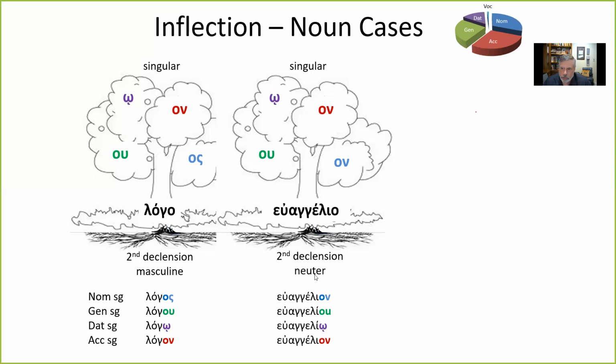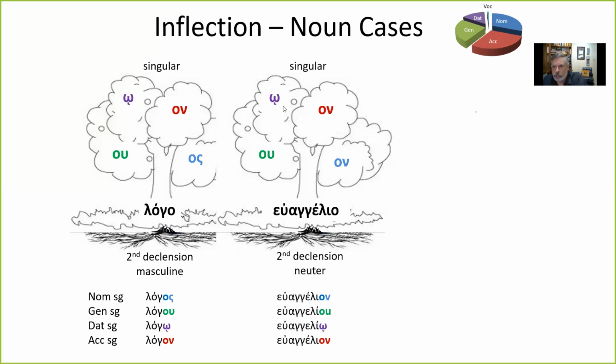For a second declension neuter singular pattern, because it's second declension, we're still dealing with the omicron stem ending, but we have the nu for the nominative case. So euangelion would be functioning as the nominative. The accusative is also euangelion, and there are other cues that will tell you if it's functioning as the direct object here or as the nominative.